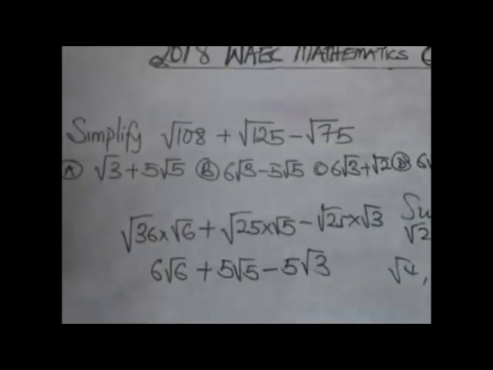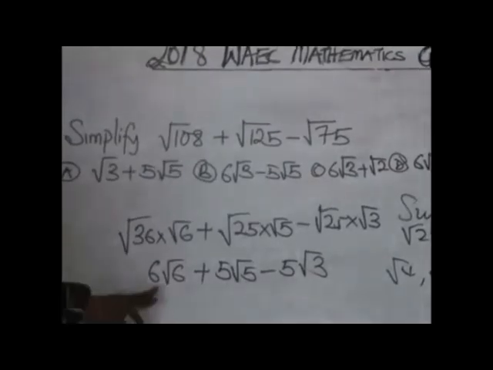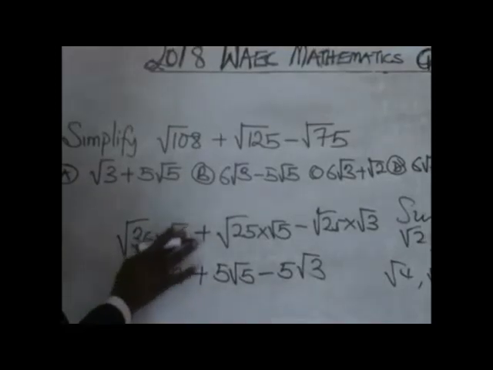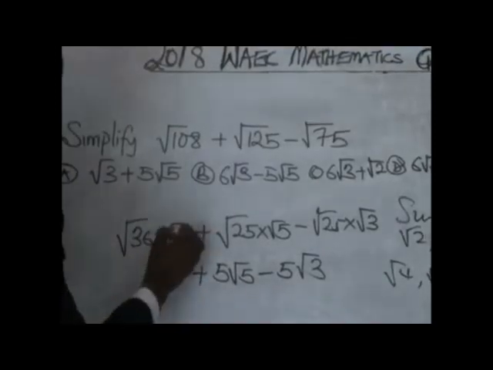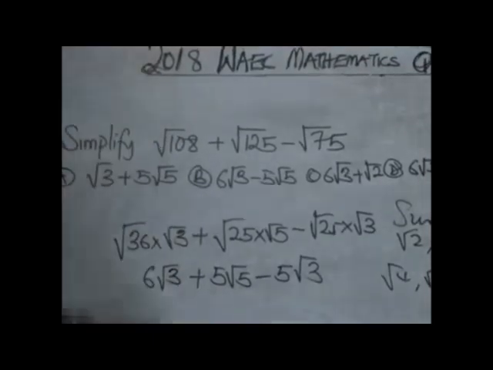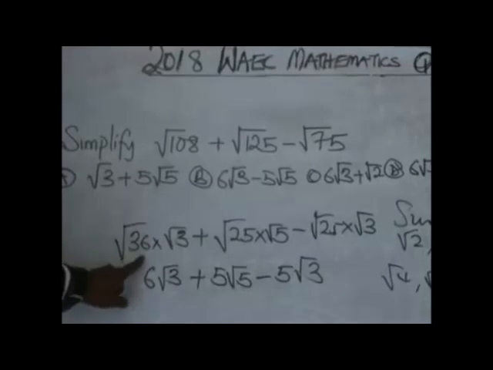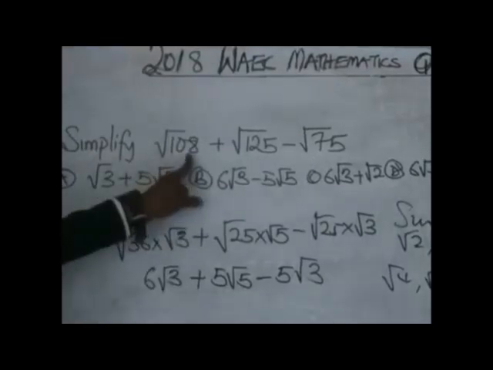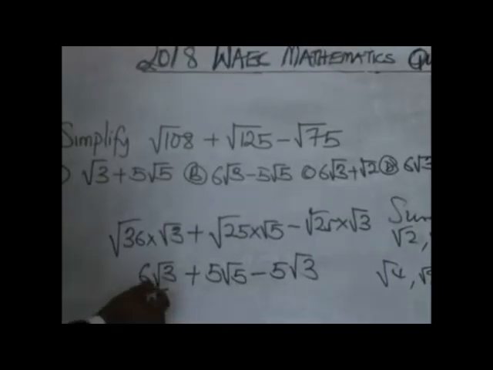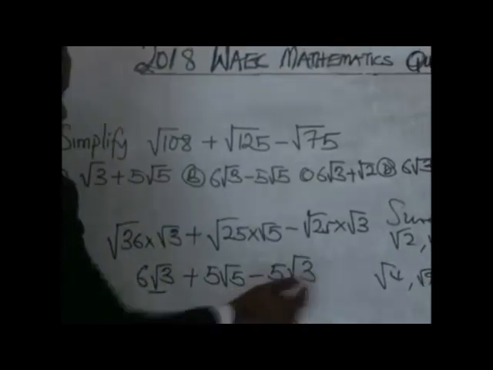Now, if you watch this, sorry, this is square root 3. You must always try and look back at your work so that you'll be sure of your answer. This is square root 3, please. 36 times 3 is 108. Now, 6 root 3 and 5 root 3 can go together.